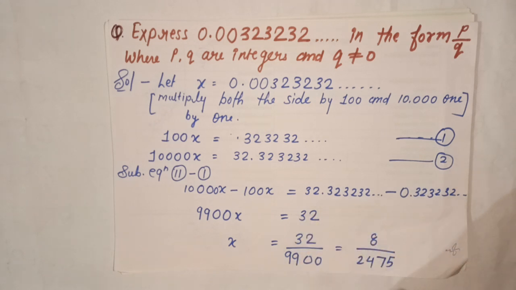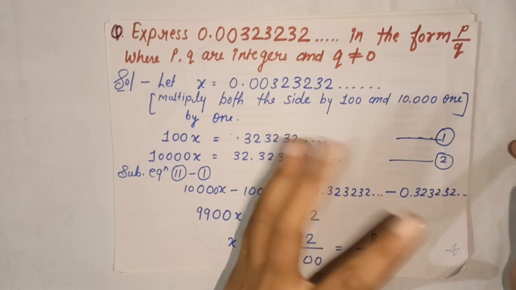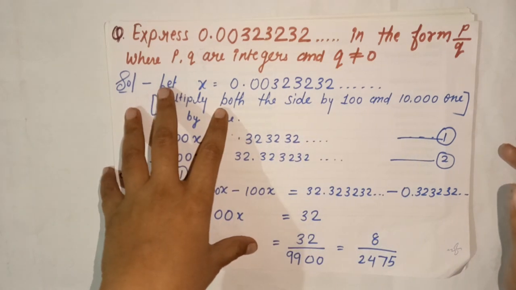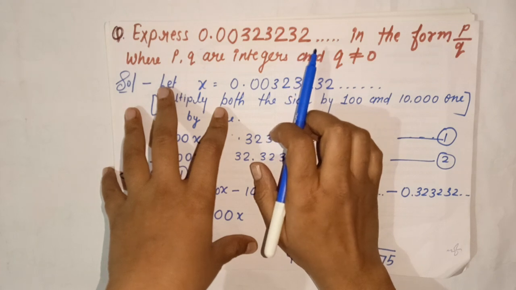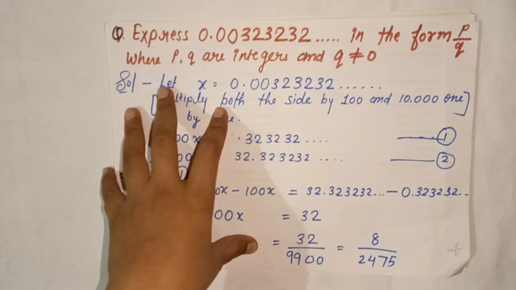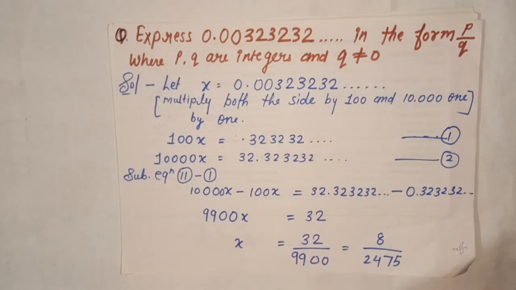So my dear students, the number looks irrational because the digits are continuously repeating. So in this way, we are trying to write it in the form of a rational number.